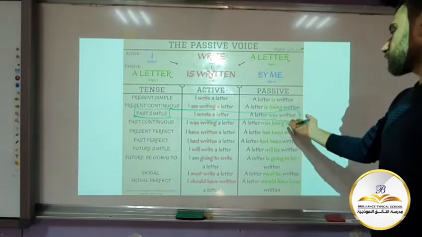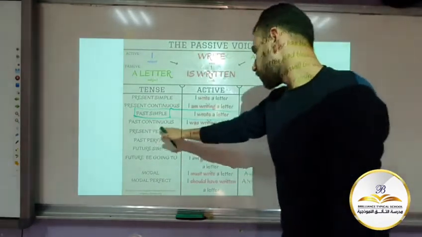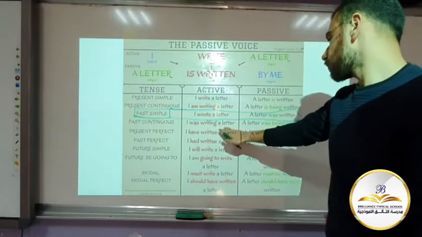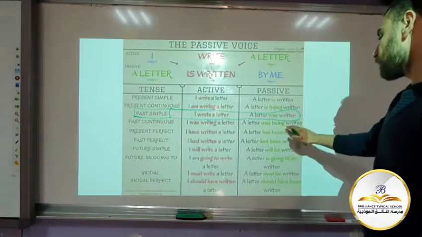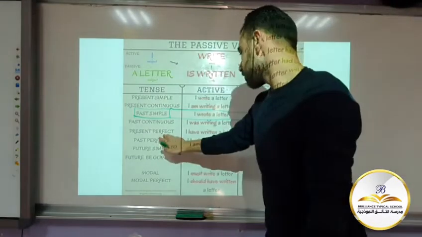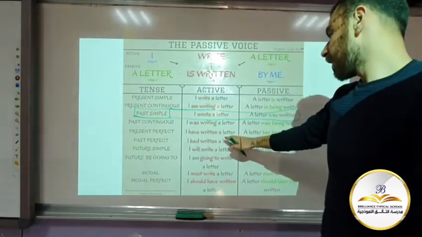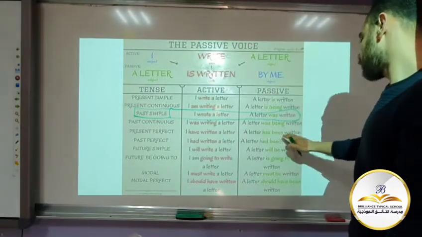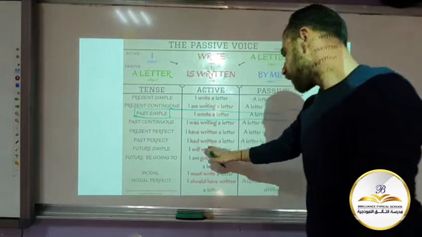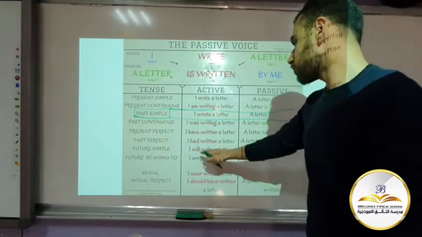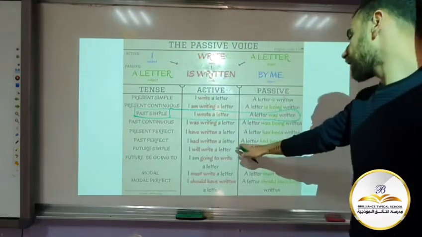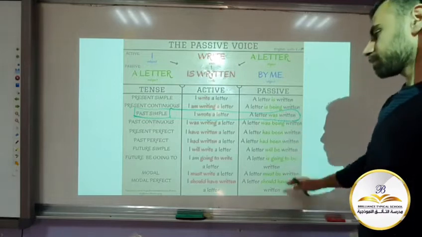A letter was written. The past continuous, I was writing a letter, a letter was being written. The present perfect, I have written a letter, a letter has been written. I had written a letter, which is the past perfect. I'm going to say a letter had been written.